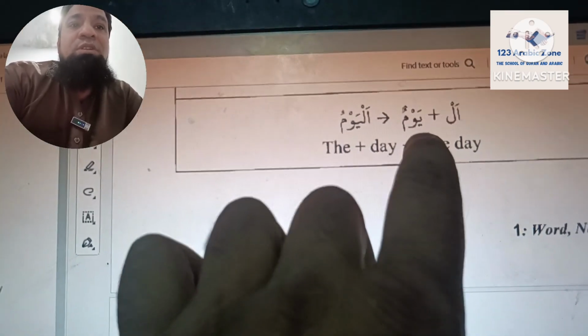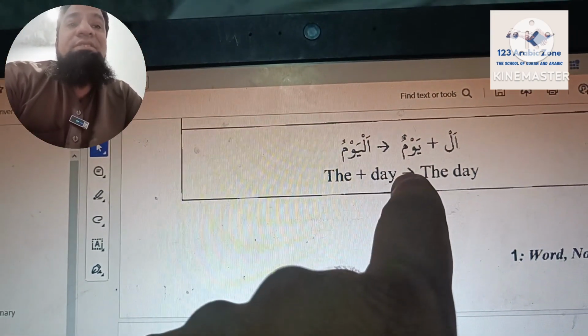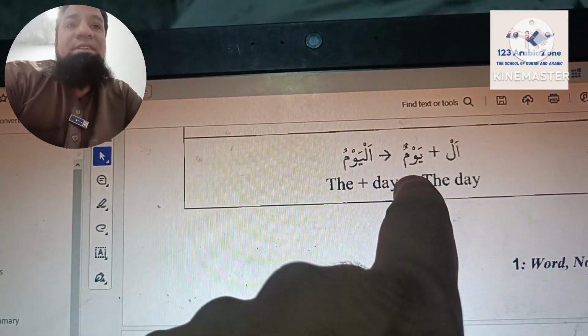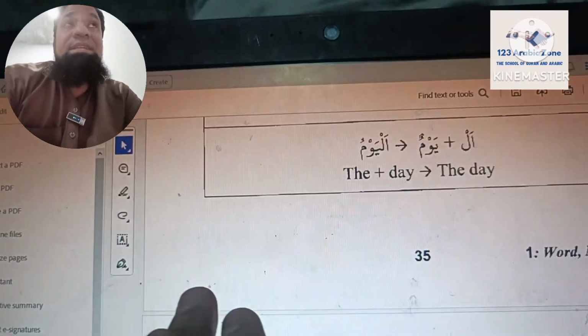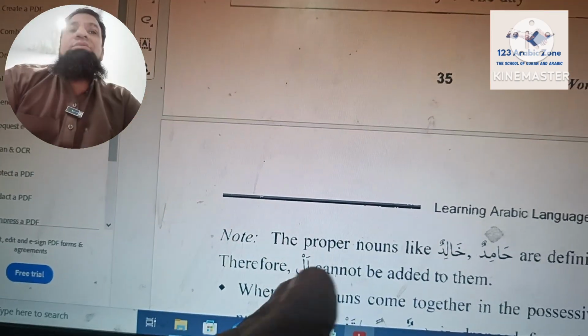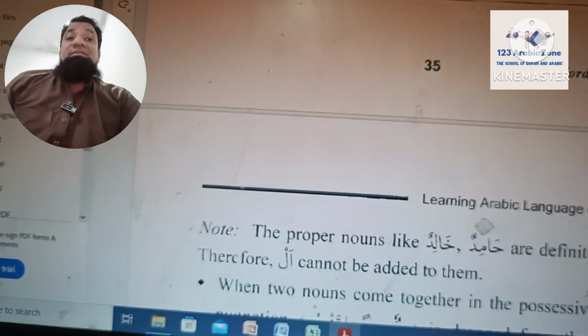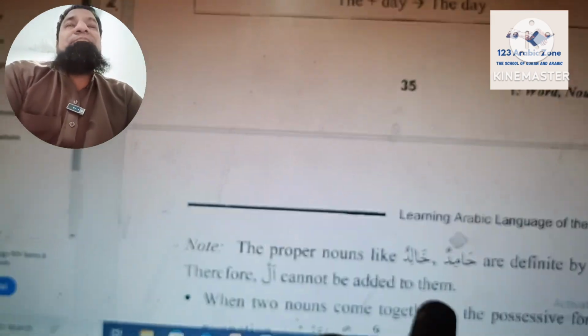This is the identification of an indefinite noun. But in some cases, the proper nouns like Hamidun, Khalidun are definite by nature. Therefore, al cannot be added to them.